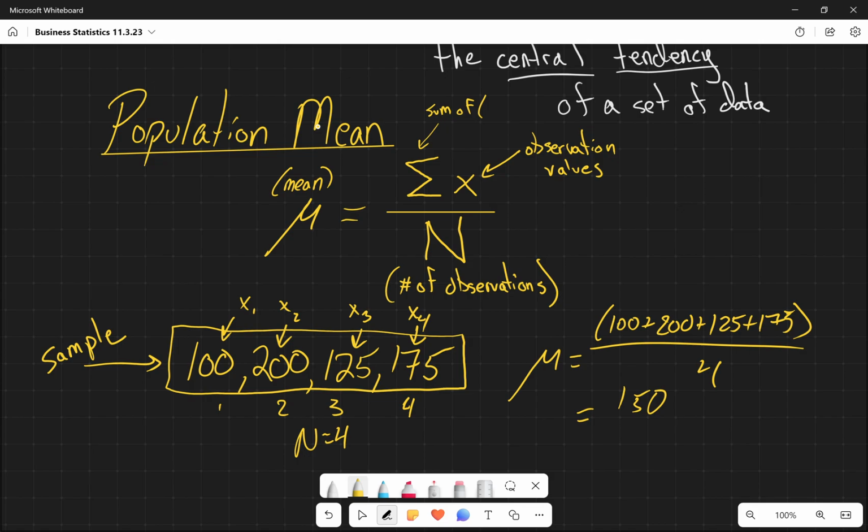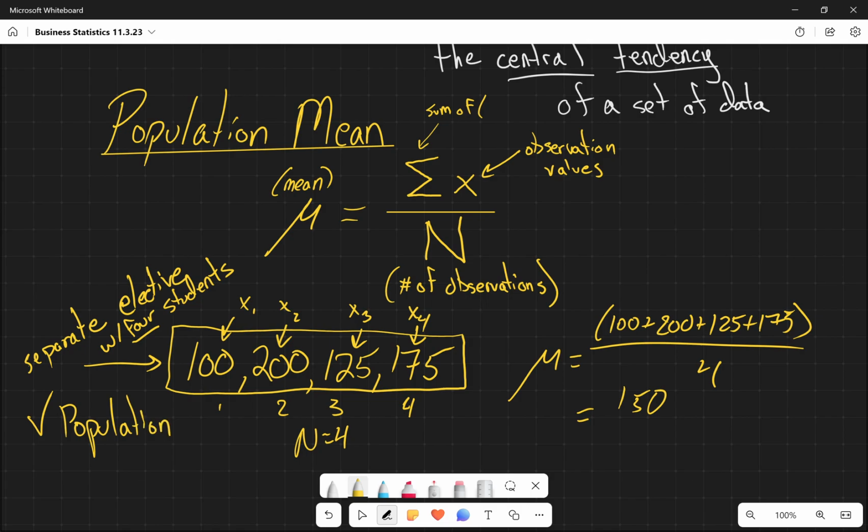But this is our sample. And so let's say that this is a separate elective that I have with just 4 students. If the whole class is 4 students and I have the weight of all 4 students, then this is our population now.